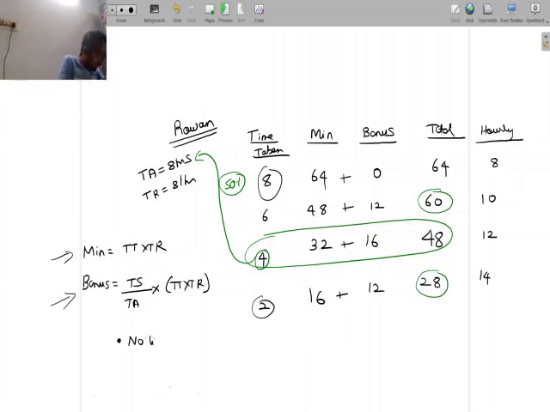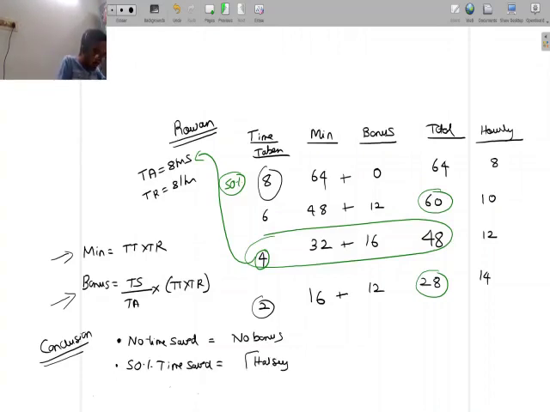Let's call this the conclusion. No time saved, you will see that there is no bonus at all. 50% time saved, then you can see Halsey is equivalent to Rowan.